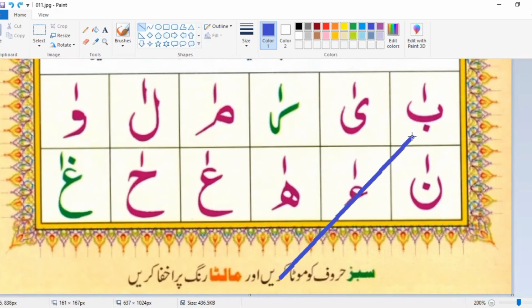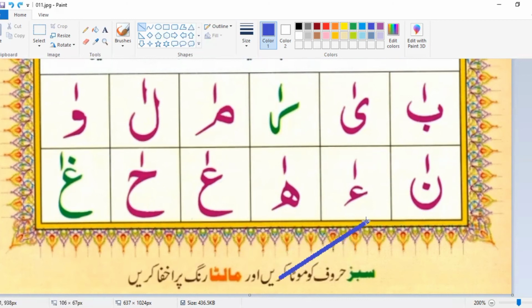Both are same. Ba standing fatha, ba. Ya standing fatha, ya. Ra standing fatha, ra. Mim standing fatha, ma. Lam standing fatha, la. Waw standing fatha, wa. Noon standing fatha, na.